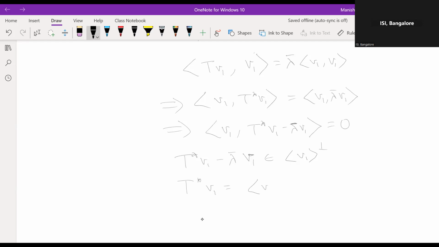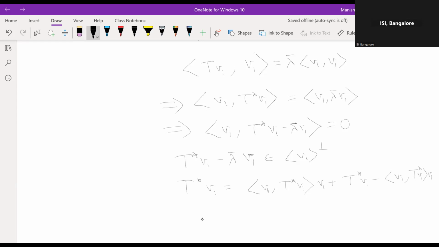We write it as a projection onto V1, the inner product of V1 and T star V1 times V1, plus T star V1 minus that.